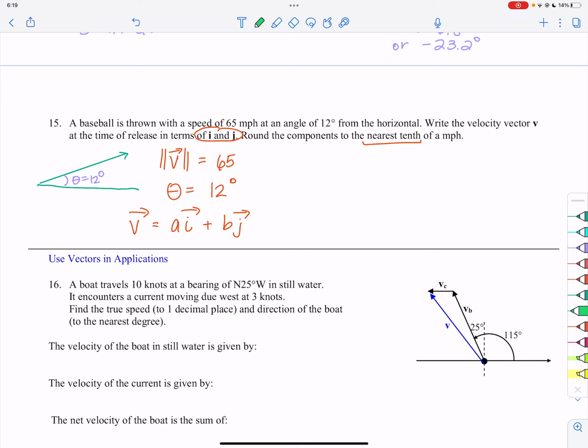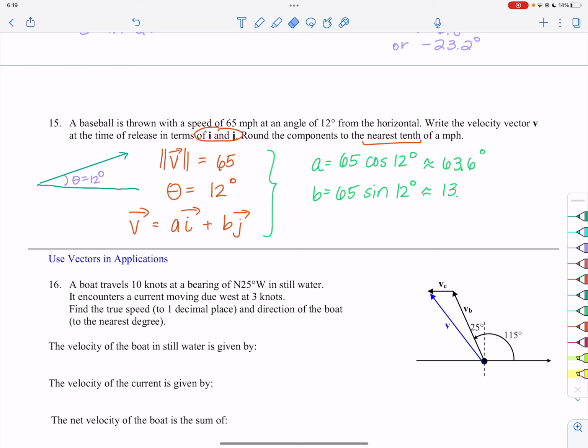So we have a equals 65 times the cosine of 12 degrees, and that's about 63.6. And then we have b equal to 65 multiplied by the sine of 12 degrees, and that's about 13.5.